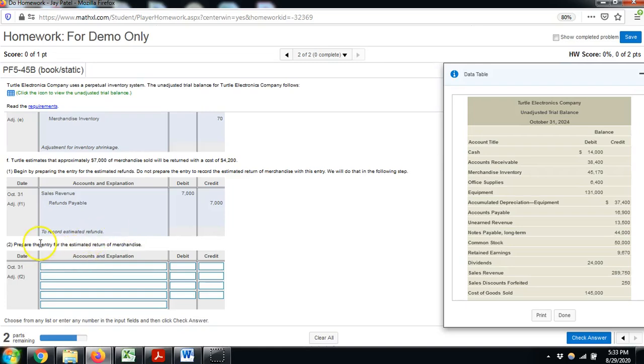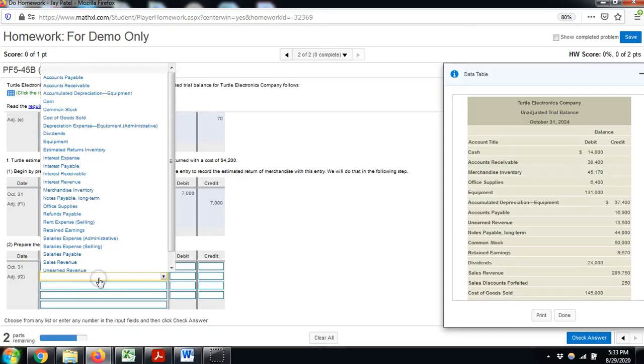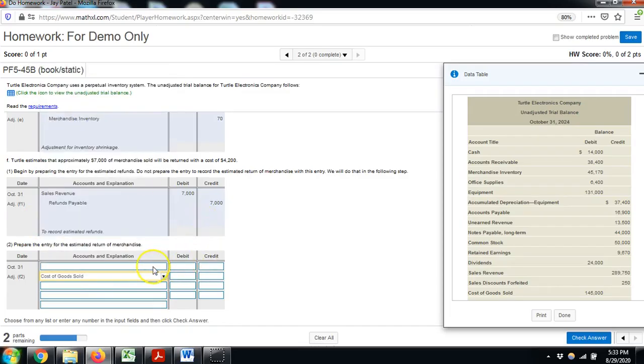Now we have to estimate the return of the items back into inventory. So that's going to be reflected in our cost of the inventory. So the second part of it is basically we're going to have to reduce our cost of goods sold because we're assuming that some of it will come back, and so our cost of goods sold, if we didn't estimate for the returns, would be overstated because we're basically saying some of the stuff that we sold is going to come back.